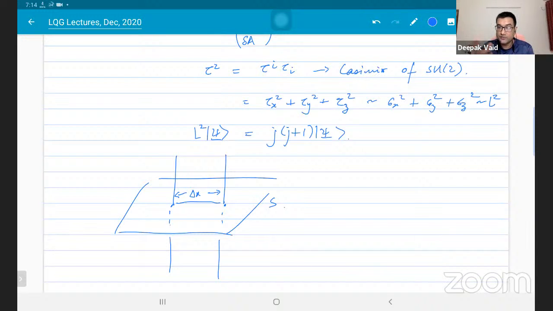Instead, what you have is a notion of adjacency, and I think that's the best you can do. Are two punctures adjacent to each other or not?